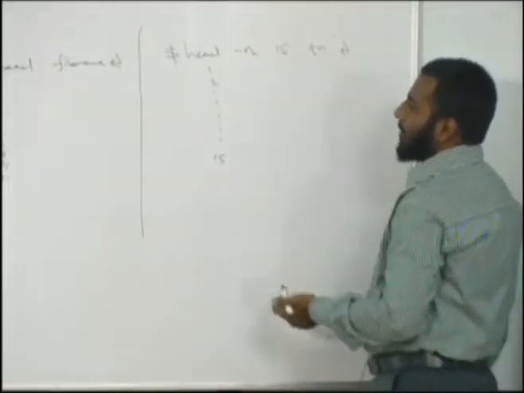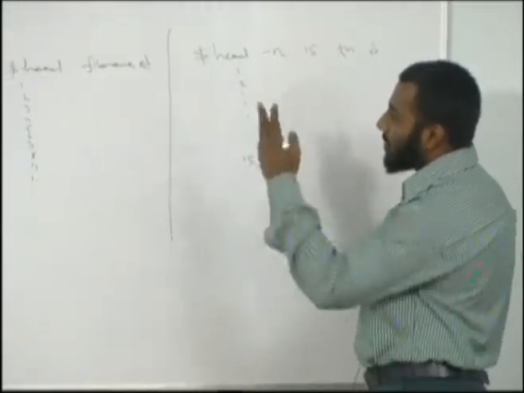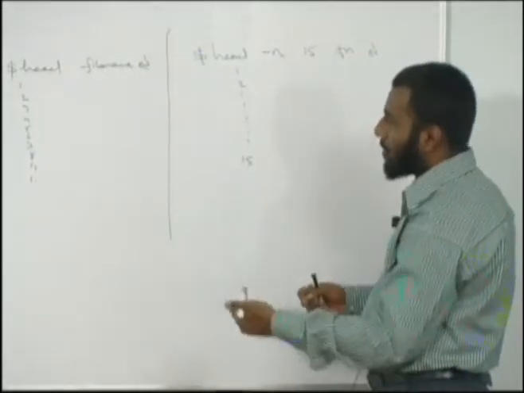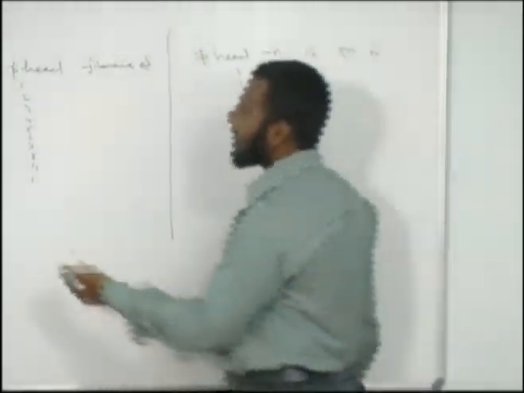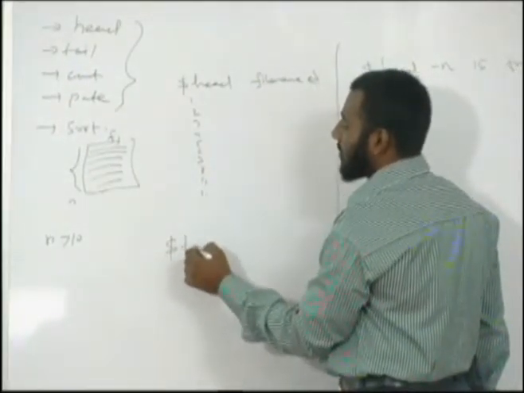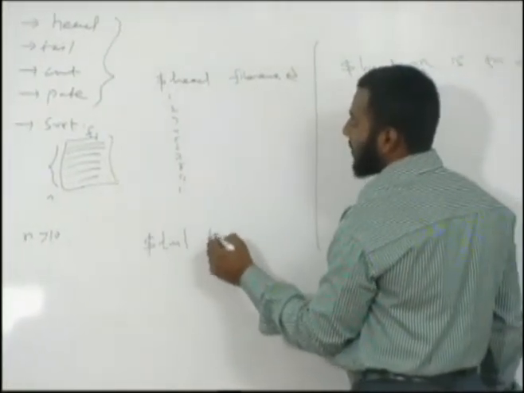On the same lines, if I am interested in seeing the contents of a file not from the top but from the bottom, the last 10 lines, then we have another command called tail. The syntax is tail followed by the file name.